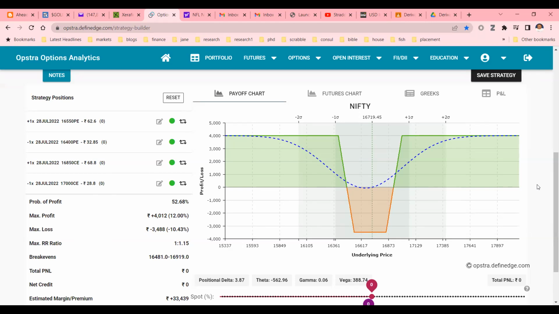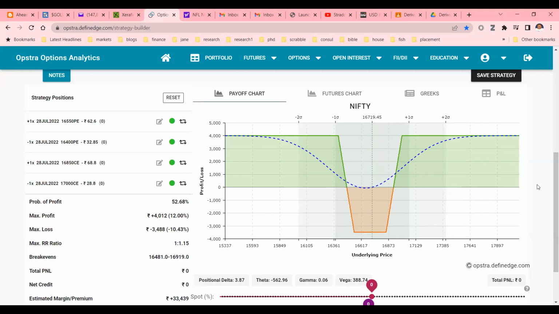But think about this for a moment. We are going to make money here, the reverse of what we did the last time around, only when the price goes below 16,400 or above 17,000, right? Interesting. So are option markets telling us that a big move is coming next week? Maybe.